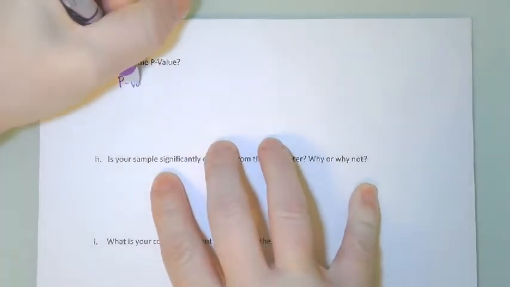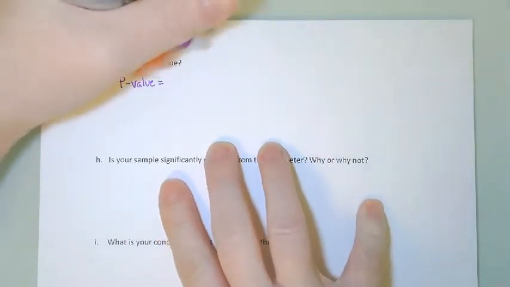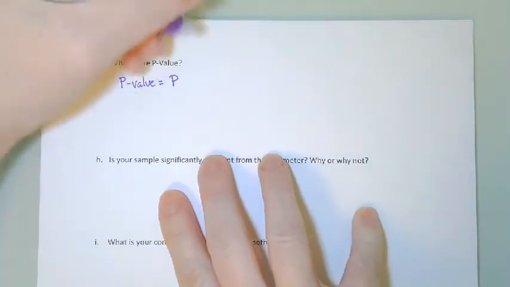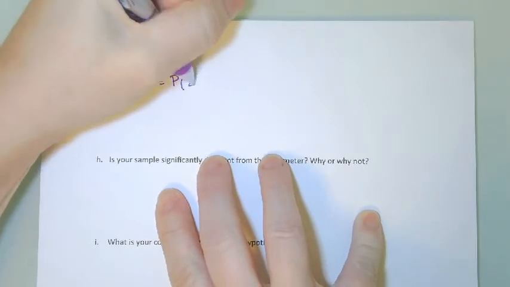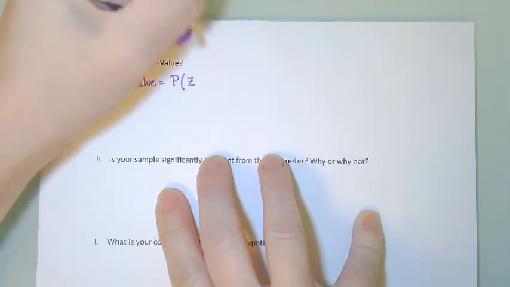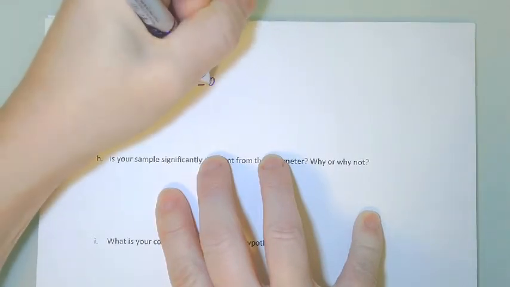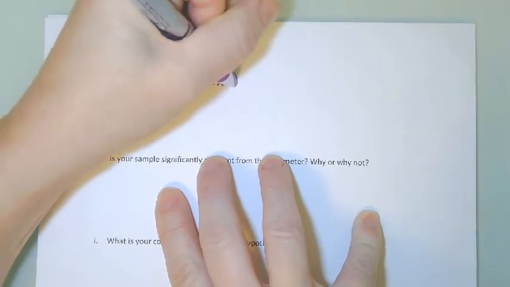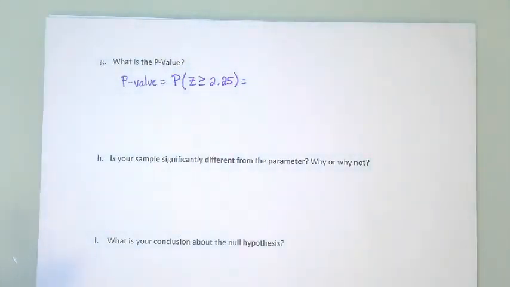Our p-value is the probability of us ending up with a z-score greater than or equal to 2.25, given that the null hypothesis is true.